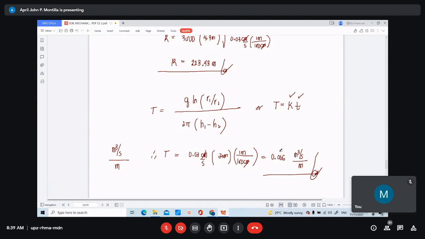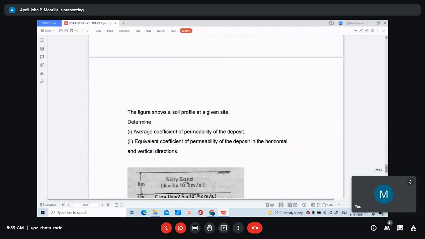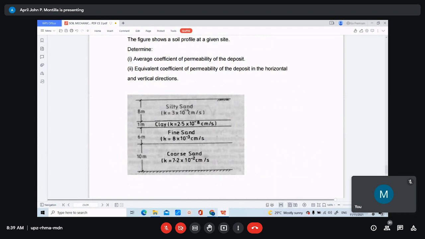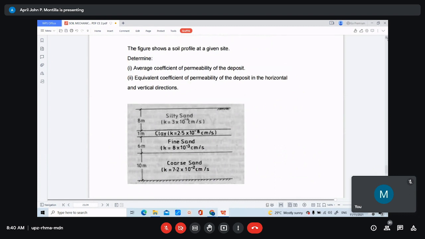None. Okay, so let's proceed with the next one. The figure shows a soil profile at a given site. We are required to determine, first, the average coefficient of permeability of the deposit.